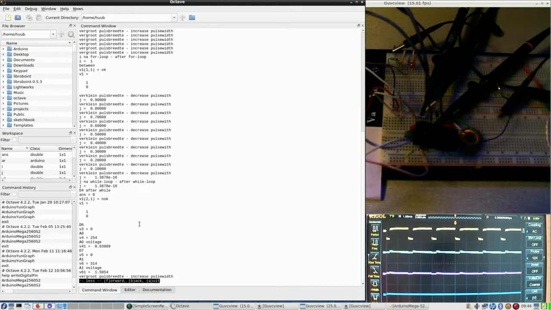Now that is a surprise. Voltage. This is very different from what I'm reading. This is very different from here. Wow.